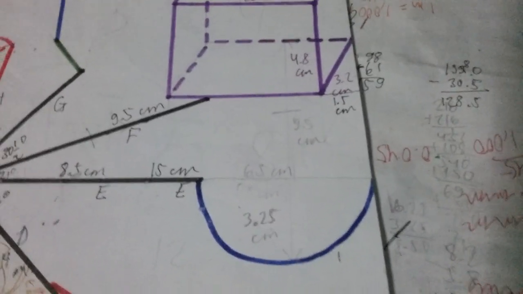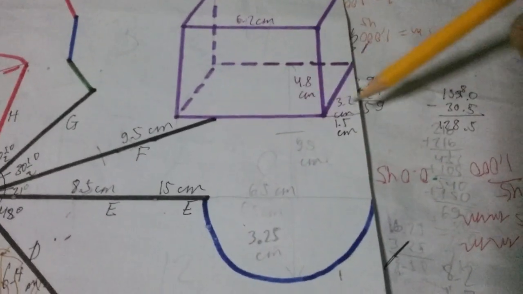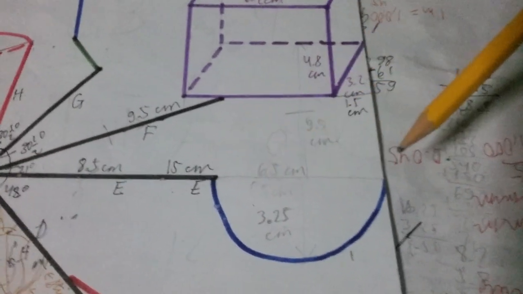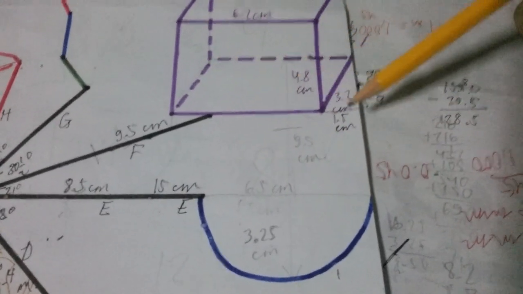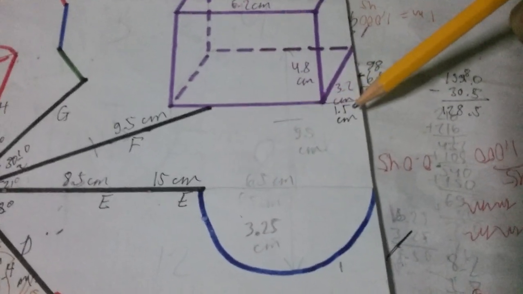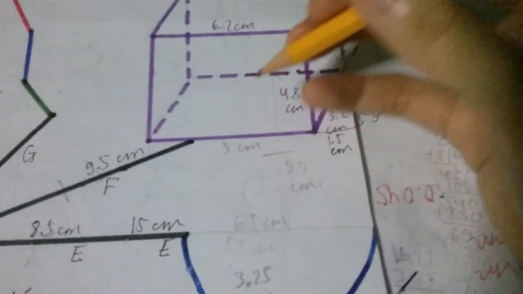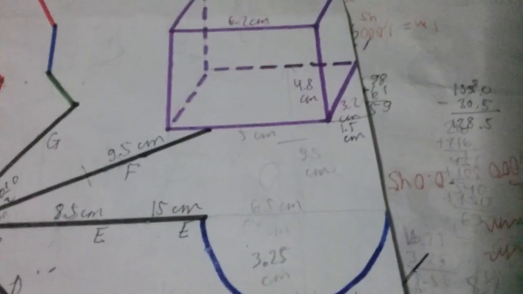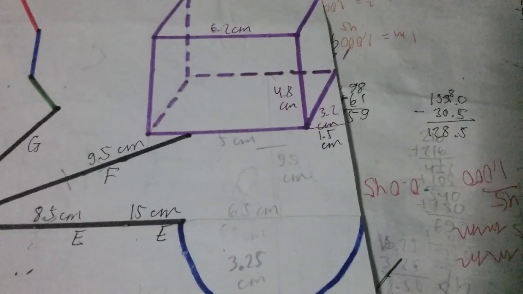Oh, by the way, I forgot to mention that this 1.5 cm line is the same measure as this one. So this should also measure 6.5. So 6.5 minus 1.5 equals 5 cm. So therefore, the length of the purple line should measure 5 cm. Okay? So now we already have our measure.